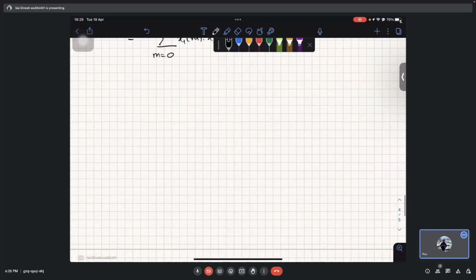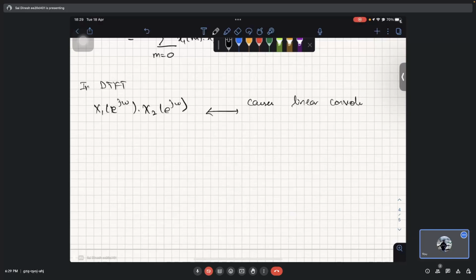So in DTFT, X1 of e power j omega times X2 of e power j omega causes linear convolution of x1 of n with x2 of n.